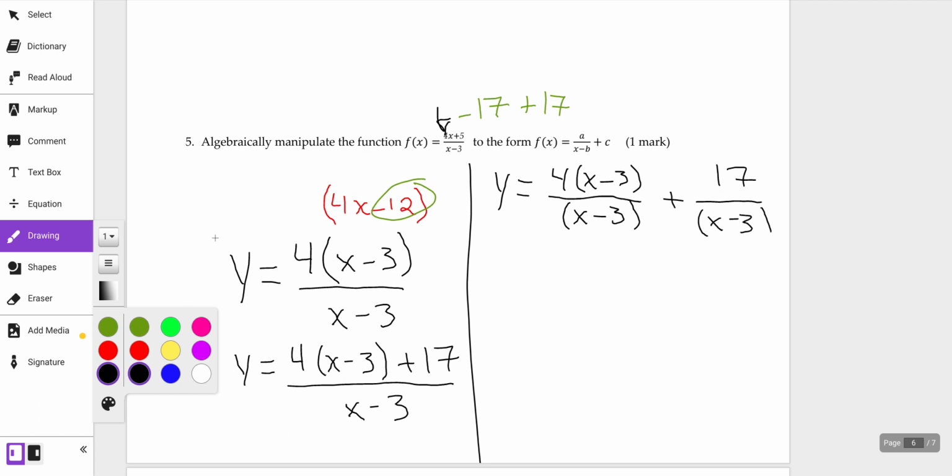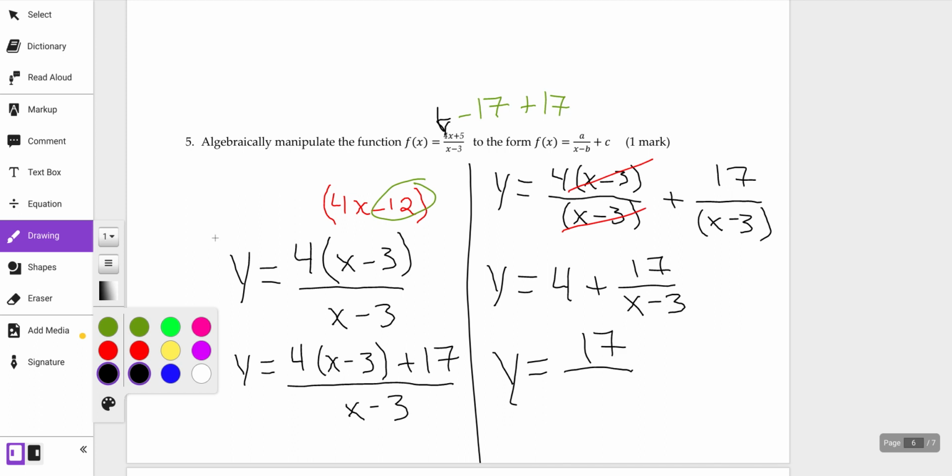The reason I do that is because that first fraction can now simplify to be y equals 4. The second fraction is 17 over x minus 3. If I rearrange this, I now have my transformation form. There's my a value, x minus 3, that's my b value, plus my c value, which is just 4.